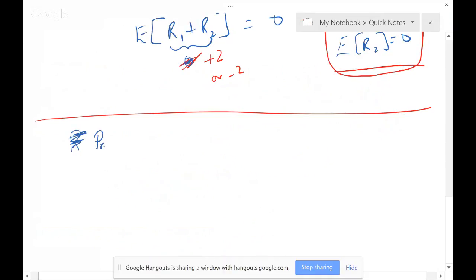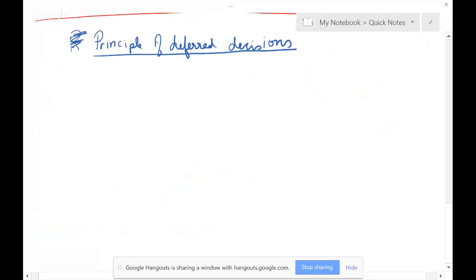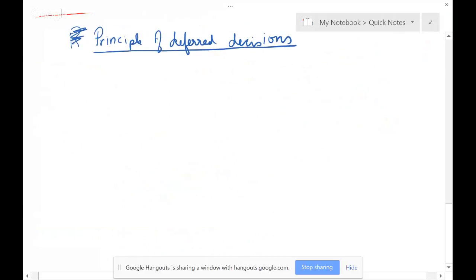One of the questions was, what is the mathematical basis for the principle of deferred decisions? Essentially, it goes back to the law of total probability.